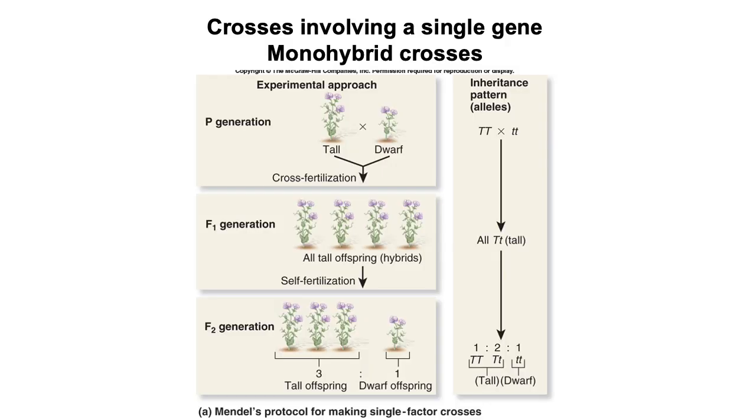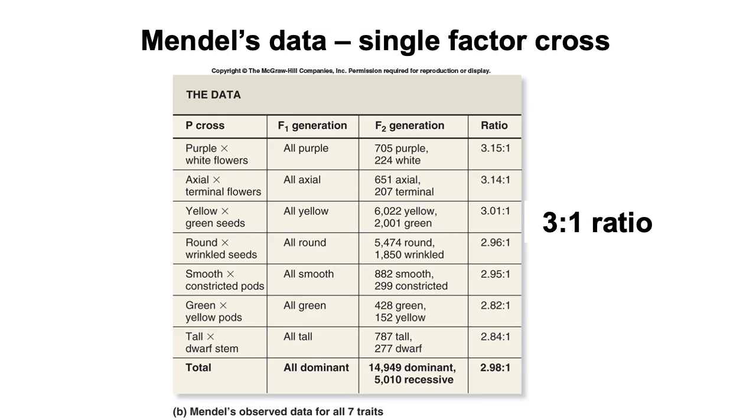So let's look at some of the experiments. So this slide, I'm just showing you a summary of the data that Mendel actually collected. And what you notice here, the previous slide we were looking at tall and dwarf, and so that's at the bottom of this table. But these are all the different traits that he was looking at.